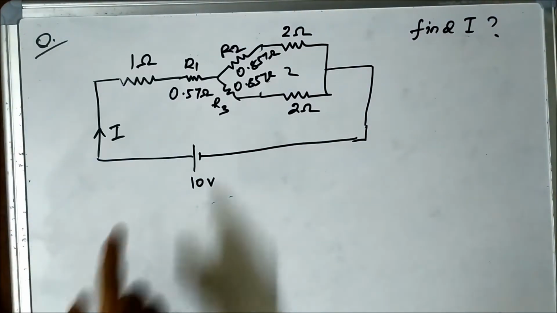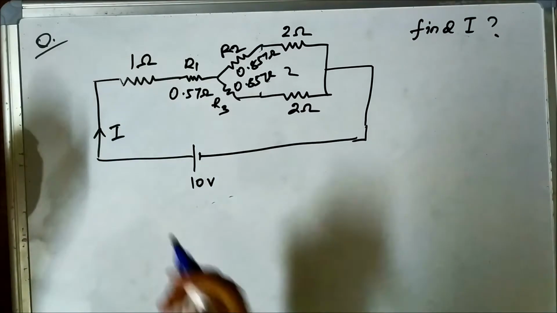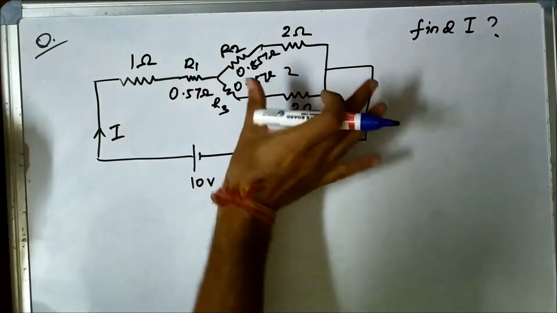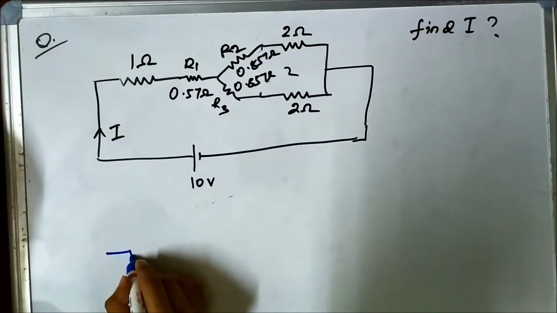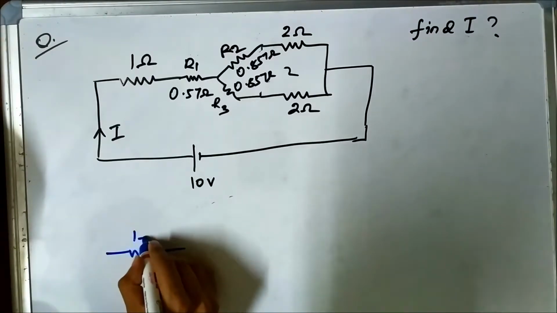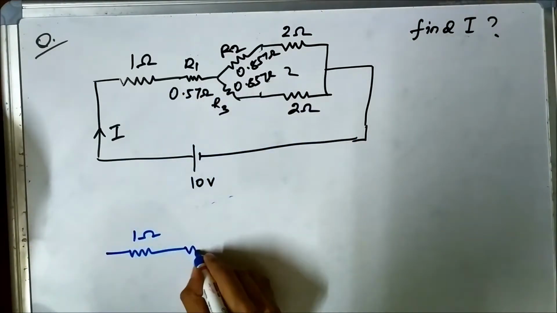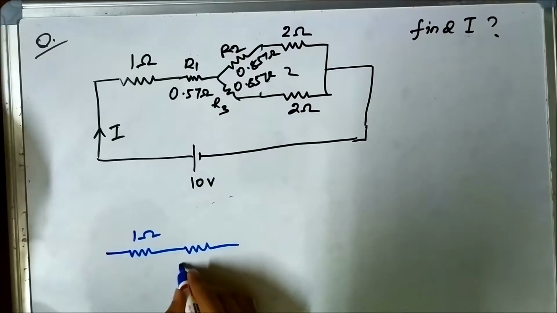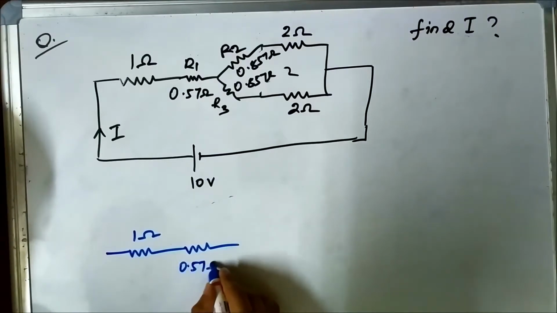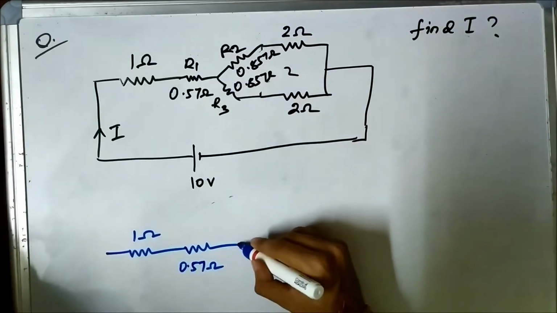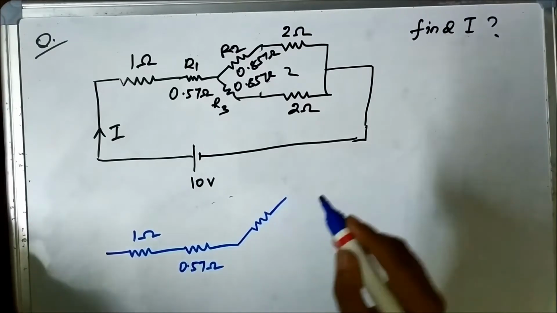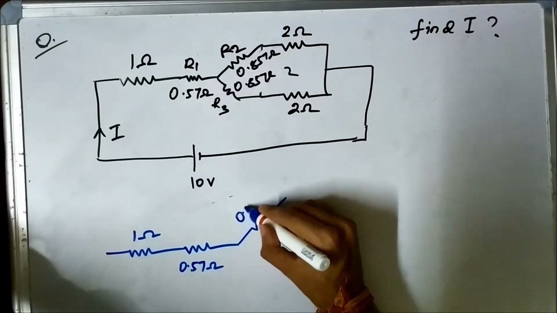So now this circuit can be redrawn as we are just including the resistance part. This is 1 ohm. With that we have R1, which is equal to 0.57 ohm. Then we have R2, that is 0.857 ohm.